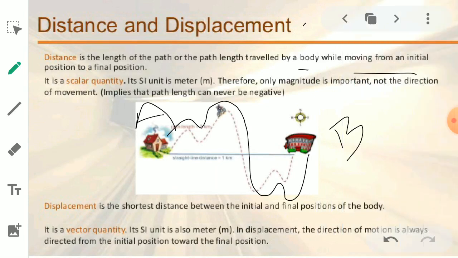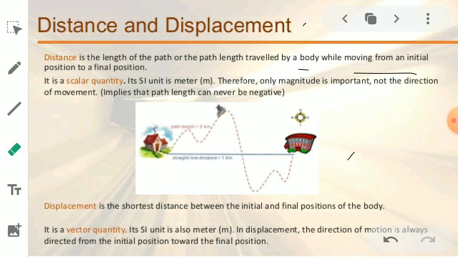Now you will be able to understand: a person wants to move from a house to a school, and the distance that he travels is this path. The path is equal to a length of 2 kilometers.